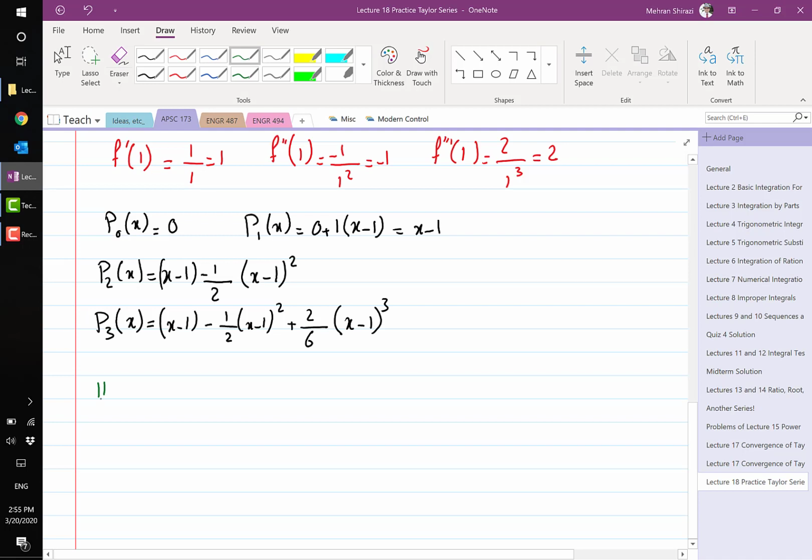Question 11 from your assignment 10, which is e to the power of minus x. Here, I repeat, I want to find the Taylor series at x equals 0, or the Maclaurin series. So I need infinite terms. Just having 1 term, 2 terms, 3 terms, 4 terms is not enough. So I need to write a general term for the derivatives.